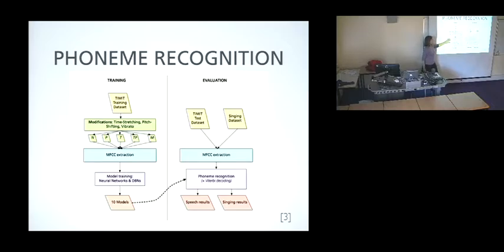I extracted MFCCs from that, and then I trained different models on that. In that case, I trained DBNs and DNNs, and that gave me a couple of different models to compare. And with those models, again, I was able to recognize phonemes on unseen data in the same way.